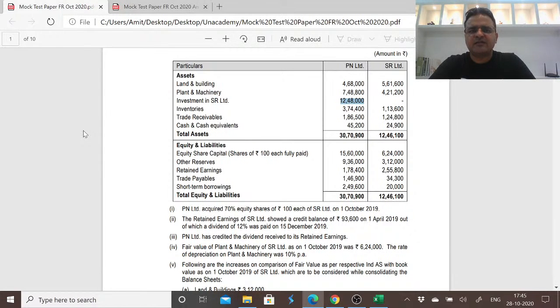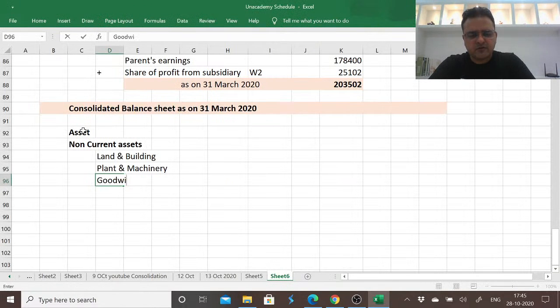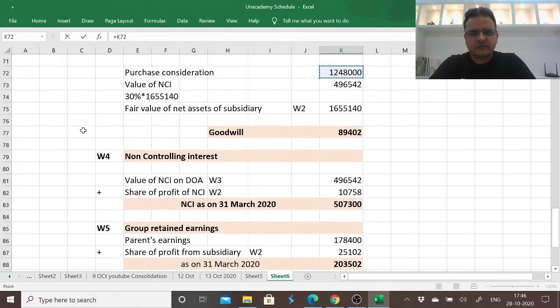Investment in SR Limited gets replaced with goodwill amount. Goodwill amount, working note number 3, is 89402.